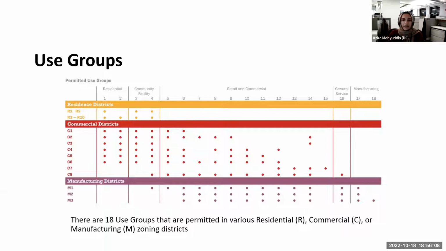So you can see that the numbers relate to the intensity of the use. R1 would be the lowest intensity of residential. R10 is the highest intensity of residential use.